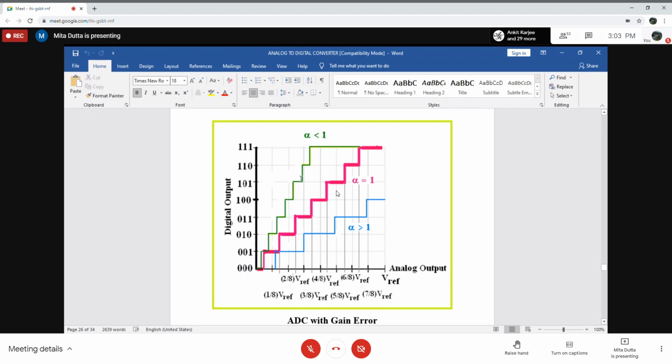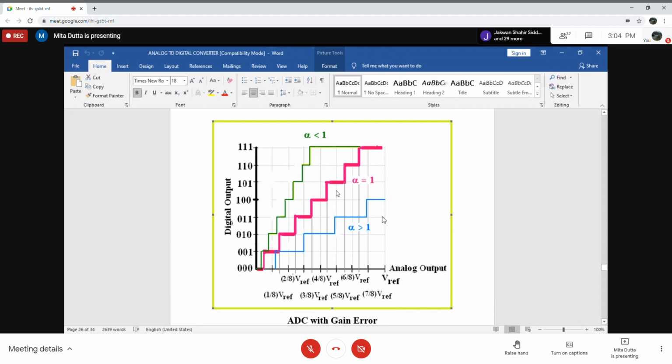Yes, in terms of quantization step, if alpha is less than 1, the quantization step will be smaller, and the output will reach the final value before we complete the full scale analog input voltage, because here the output reaches its highest value, which is equivalent to 111, at this point of analog input voltage.